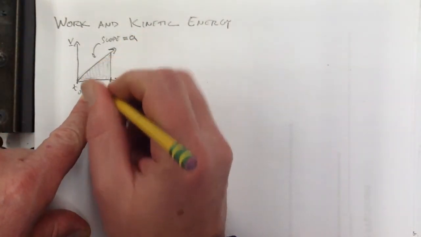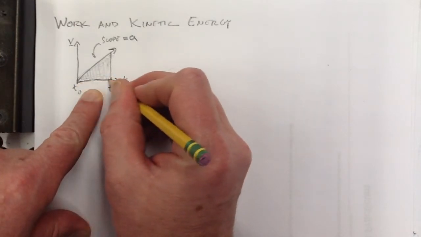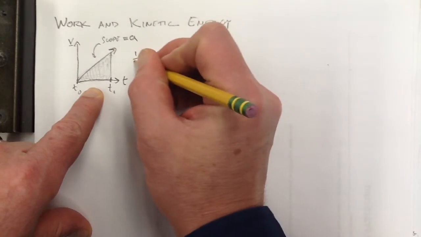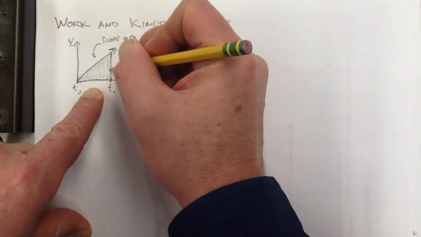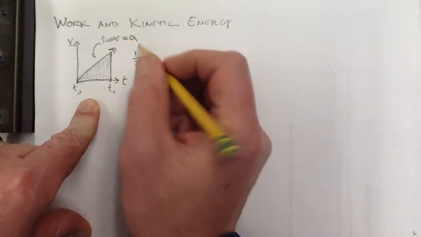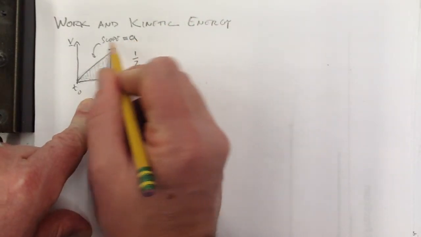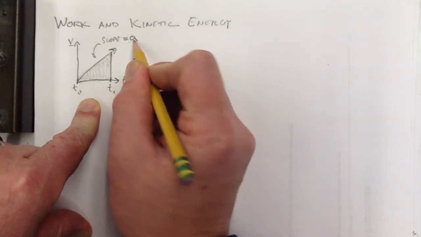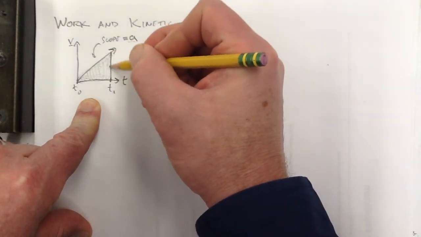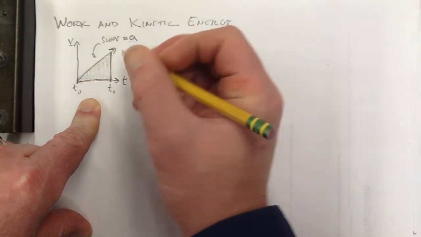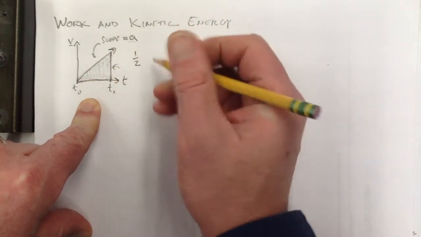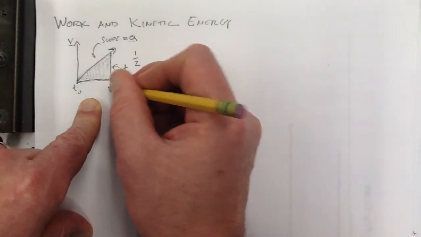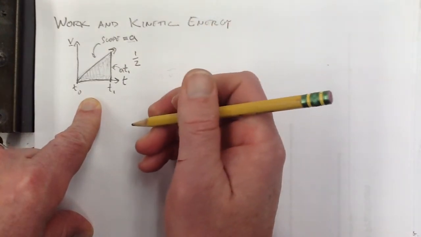It is t1 wide, right? Well, let's see. Slope is rise over run, so that means that a is equal to the rise over run, which means that this rise right here is equal to a t1.